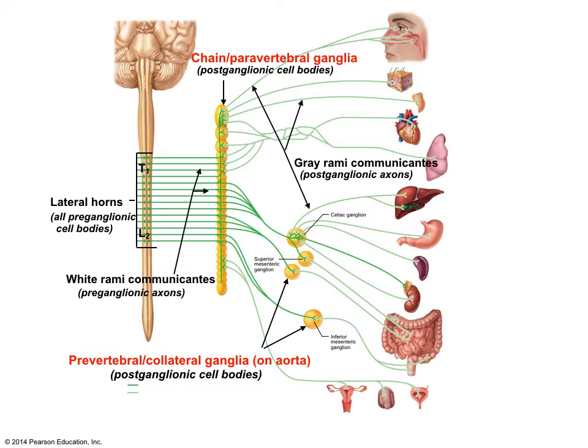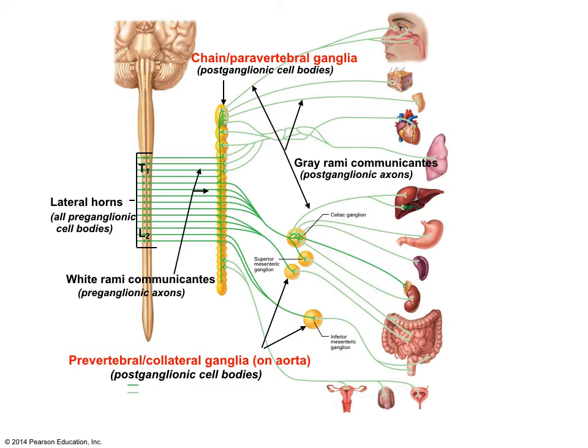Within the lateral horns of the spinal cord levels, T1 to L2 would be the preganglionic neuron cell bodies. Those, of course, exit and go into the sympathetic trunks as myelinated white rami communicans axons.